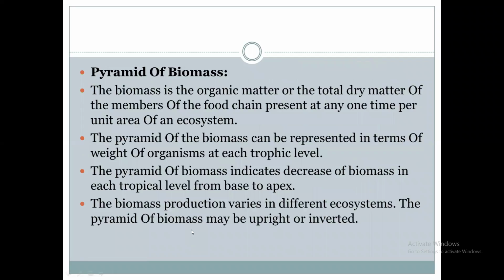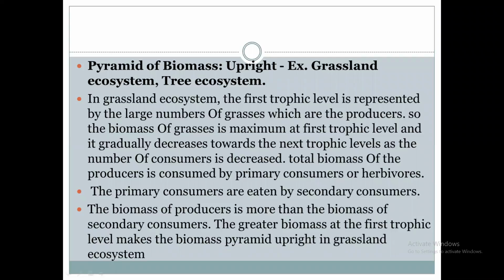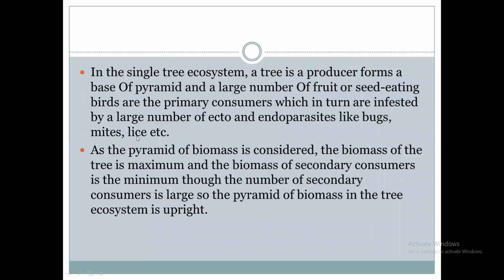So at the base, the biomass is maximum, and at the top, the biomass is less. Every level depends upon each other; as we go up, each trophic level depends upon the bottom level.